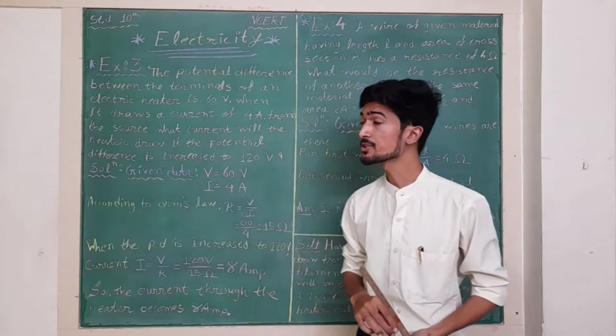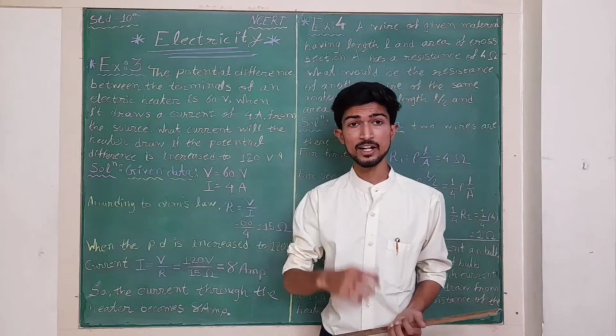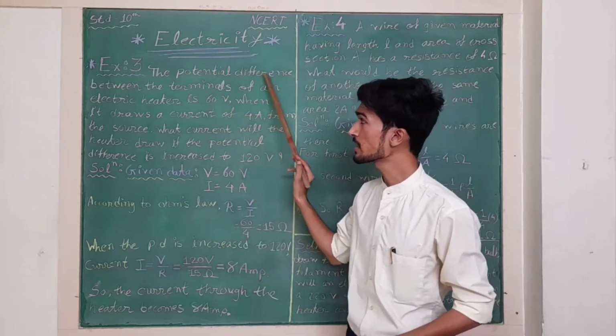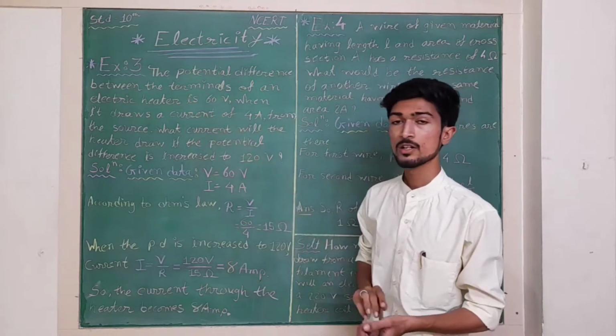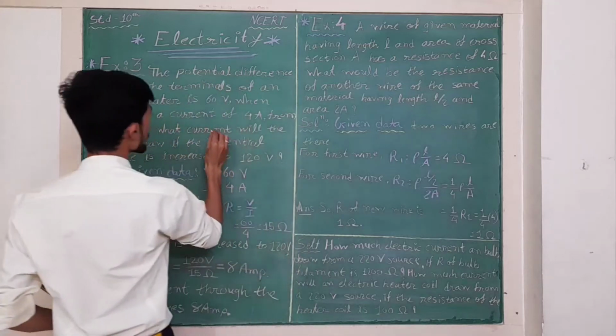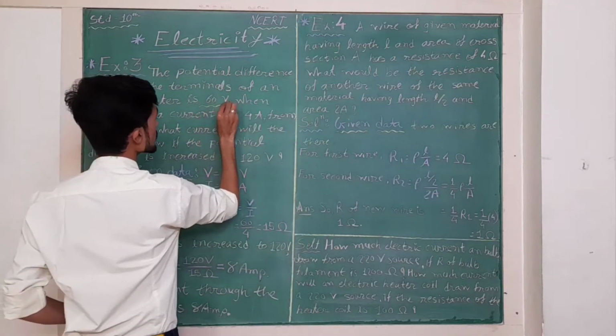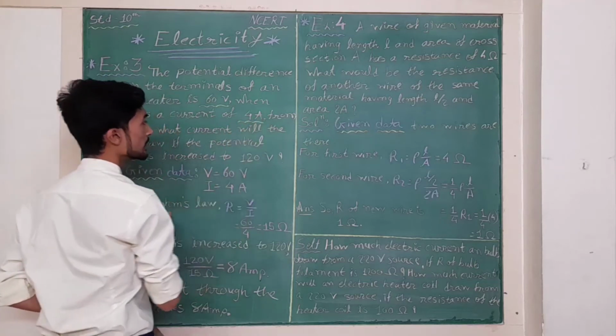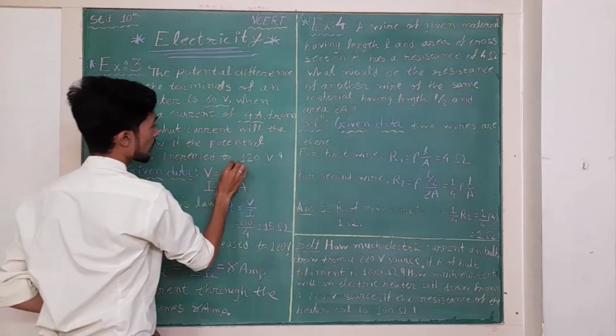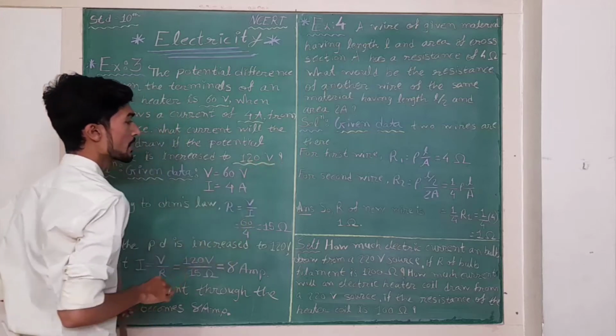Again, I am repeating the question and highlighting some data. The potential difference between the terminals of an electric heater is 60 volt, and the current is 4 ampere. And here also one more data is 120 volt.